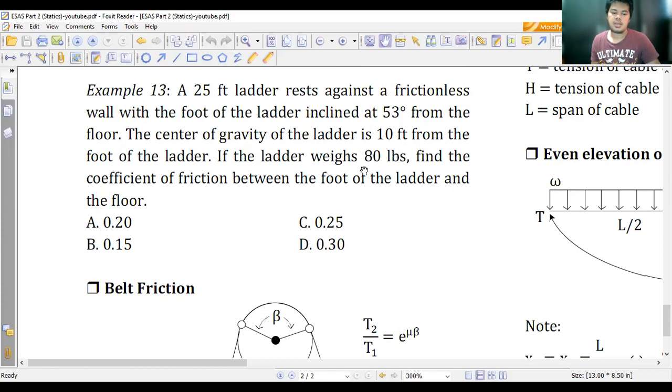So the weight will concentrate at the center of gravity, 10 feet from the foot of the ladder. We are being asked to calculate the coefficient of friction between the foot of the ladder and the floor. Let us go to the whiteboard.